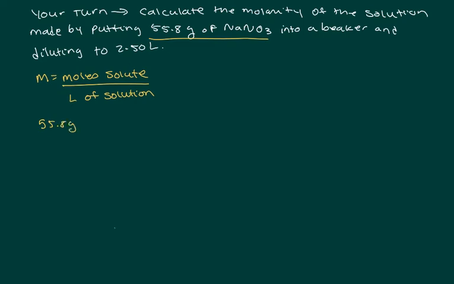So 55.8 grams of sodium nitrate. We want to go from grams. I put grams on the bottom because here the grams is on the top. Grams of sodium nitrate over moles.